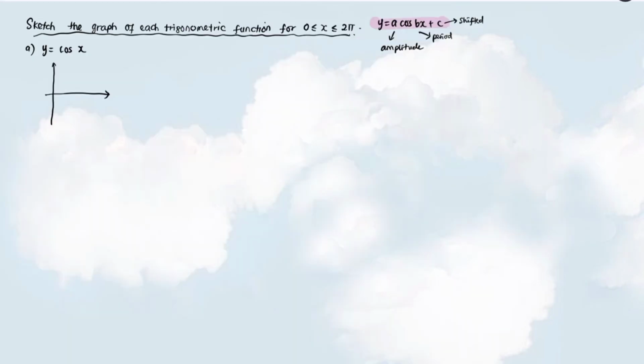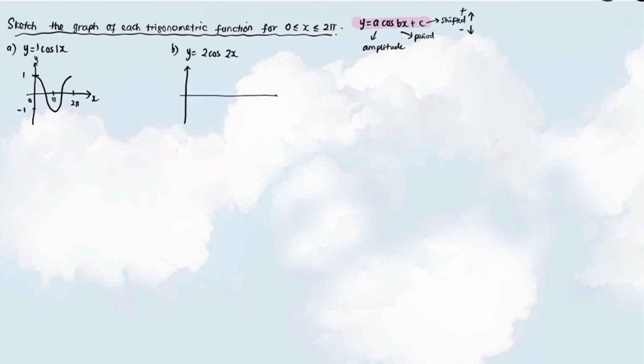So to sketch y equal to cos x, the basic shape for cos x is like a U shape. The period is equal to 1 to reach pi, 0, and the amplitude is equal to 1 and negative 1.